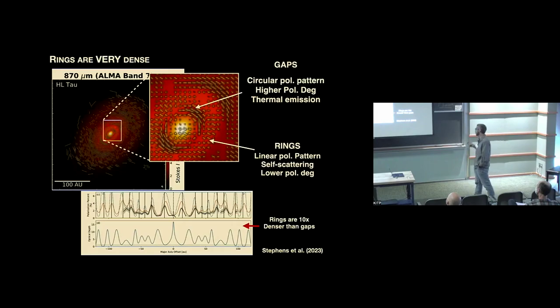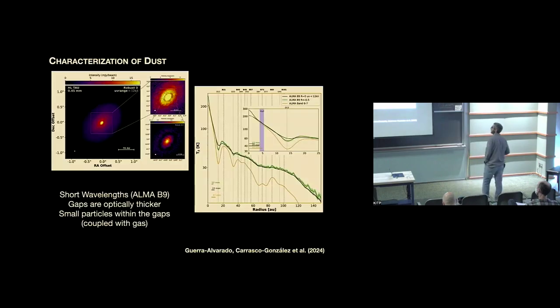The best way we have to explain this difference is that there is a high contrast in the density, the optical depth, between gaps and rings, and we think that rings are storing 10 times more mass than the gaps. So the rings are actually very good places to start the formation of new planetesimals.